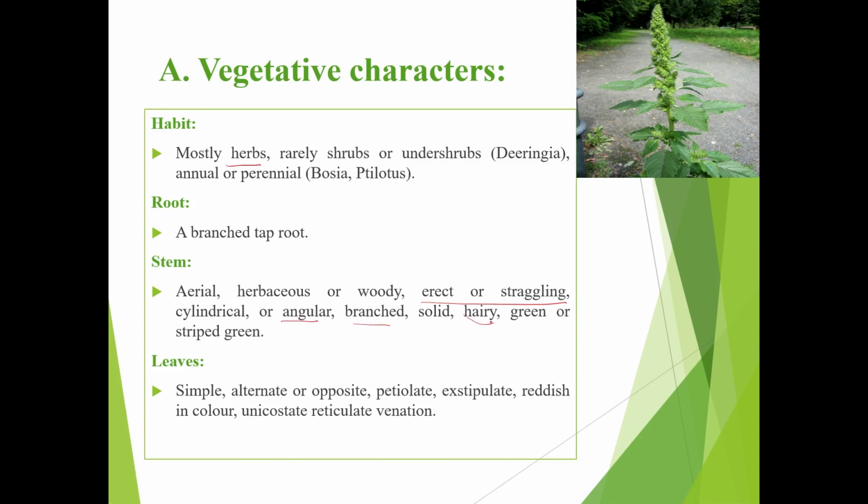They also have hairs, green or striped green. The leaves are simple, generally alternate or opposite in phyllotaxy, petiolate, exstipulate, sometimes reddish in color, and show unicostal reticulate venation. As you can see in this figure, the leaves show a generally alternate arrangement.